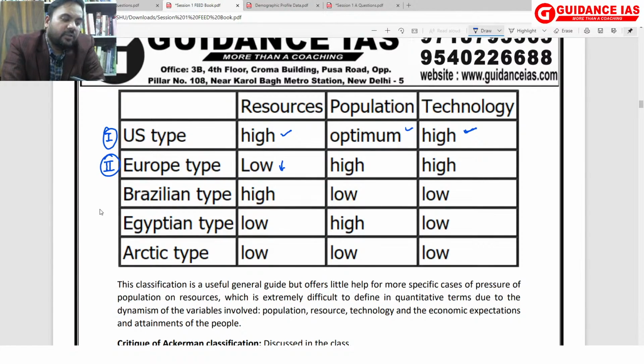Population size was higher, but technology was at a very high level. So here you see he is taking the factor of technology, so it is high, and here it is optimum population.